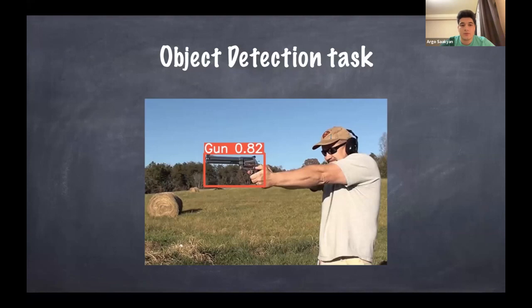Let's get closer to real cases where we can make use of an object detection algorithm for solving real business problems. Imagine that we have a lot of security cameras and we want to make sure that our building is safe. Maybe it is a school or a shopping center or some other place, and we want to detect any situation where someone gets in with a gun. It would be really expensive to have a lot of security guards watching every security camera.